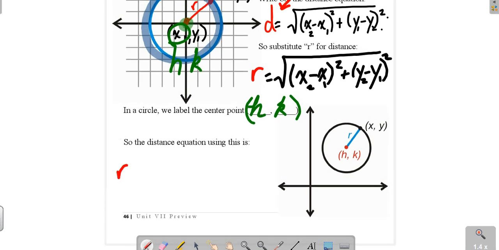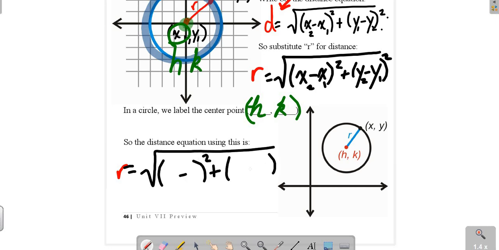So the radius equals x minus h parentheses squared plus y minus k parentheses squared.